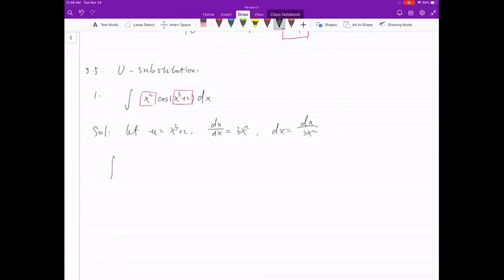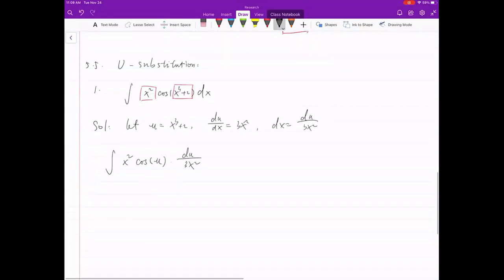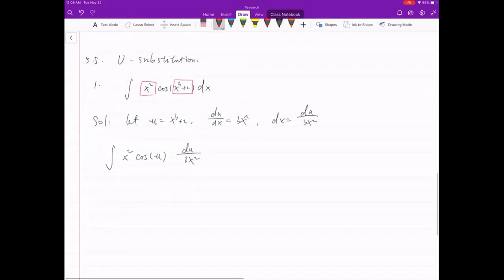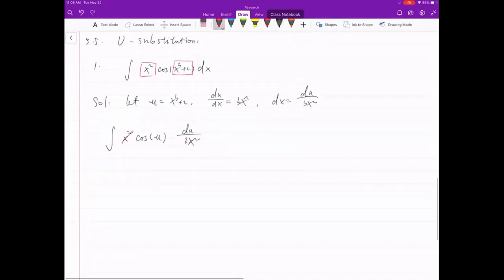Now you take the original problem, copy everything you can copy, and replace anything that you can replace with u and du. Because of your observation before, these two will definitely cancel each other because they come from the derivative.